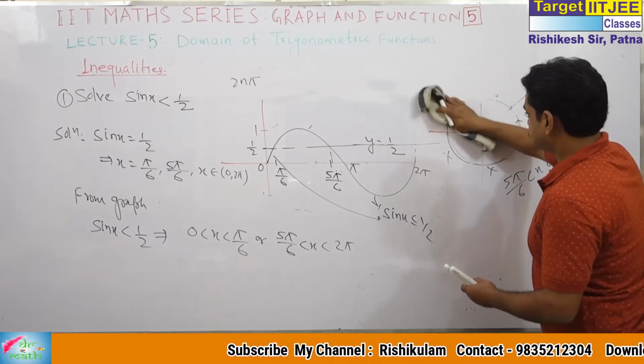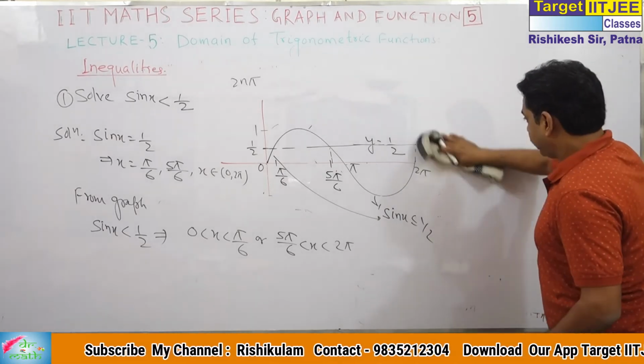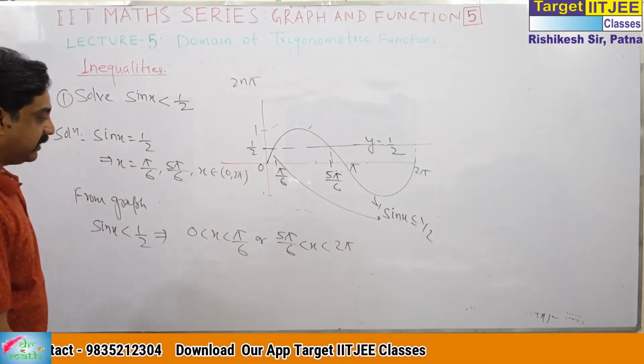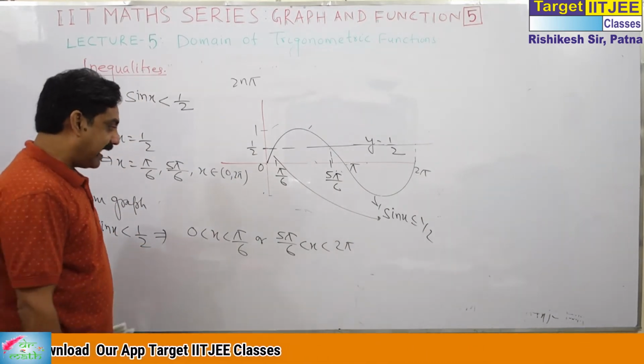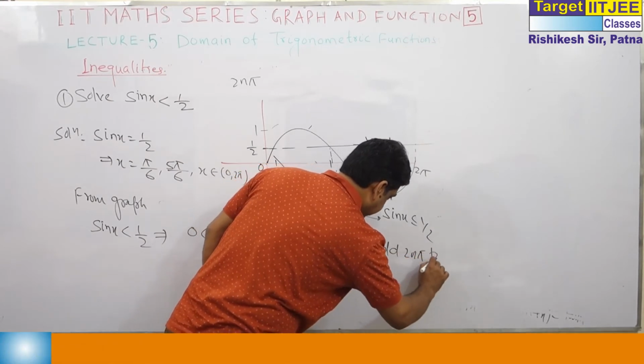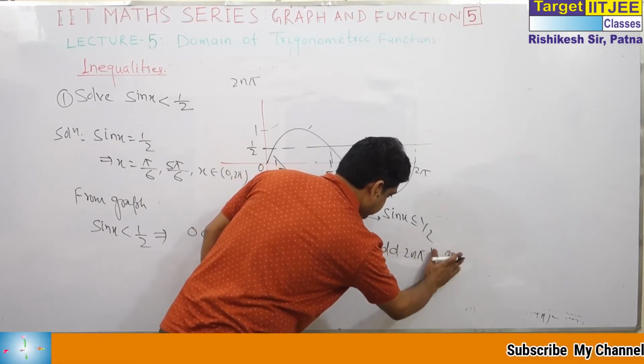Now, what is the main problem with trigonometric inequalities? The answer can be written in many ways. Here you have to add 2n pi to get the general solution.